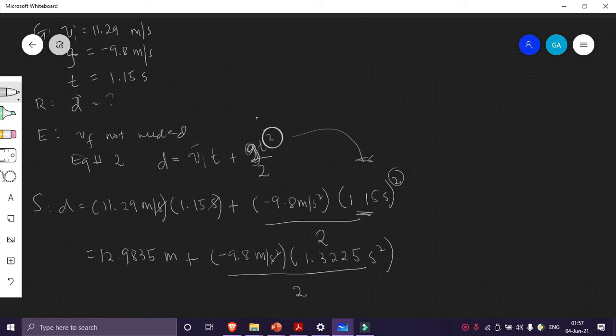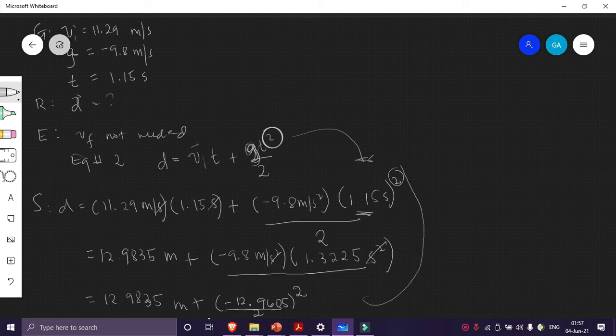So, cancel na yung s squared. Okay, that will be 12.9835 meters plus, then we multiply this, negative 9.8 times 1.3225. That is negative 12.9605 divided by 2. Okay?